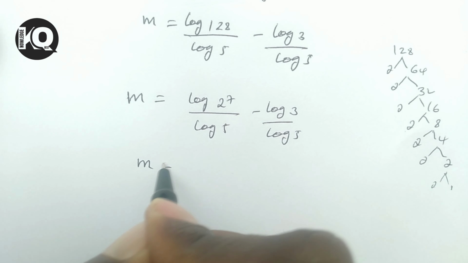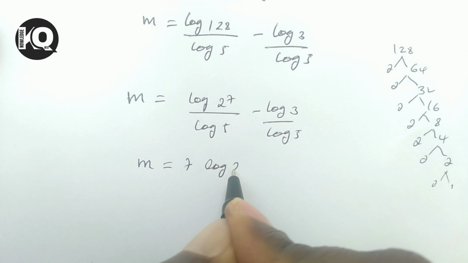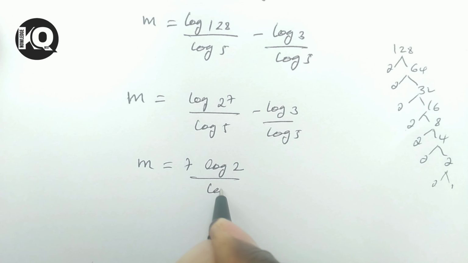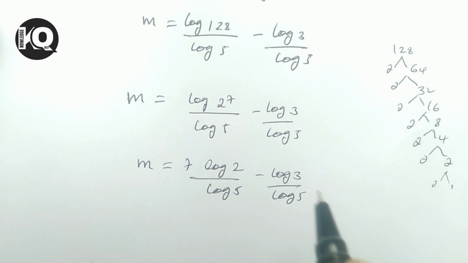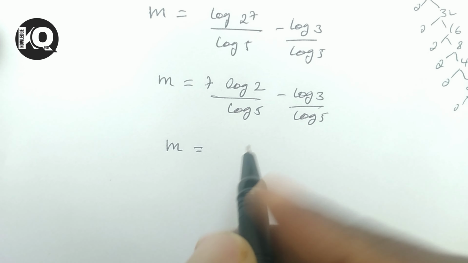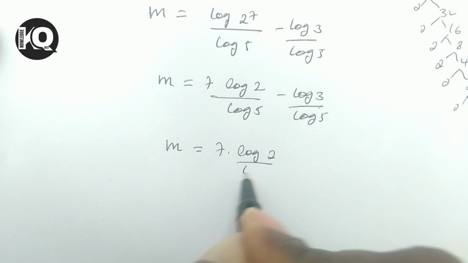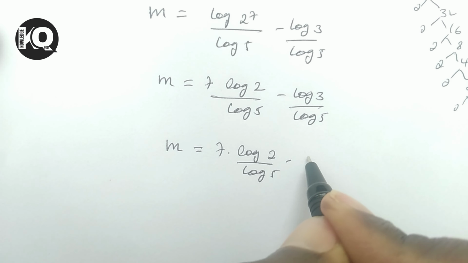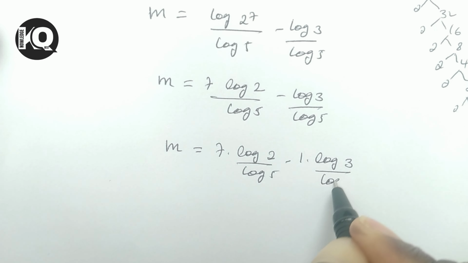So m is equal to, this power will come to the front, that's 7 log of 2 divided by log of 5 minus log of 3 divided by log of 5. m is equal to 7 times log of 2 divided by log of 5 minus 1 times log of 3 divided by log of 5.